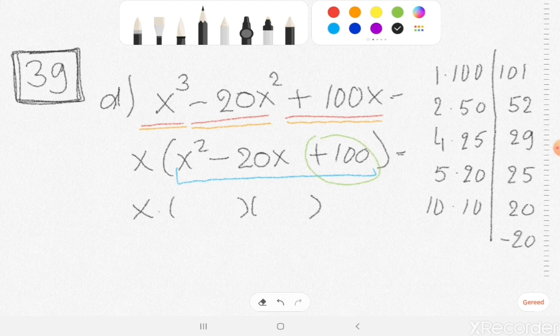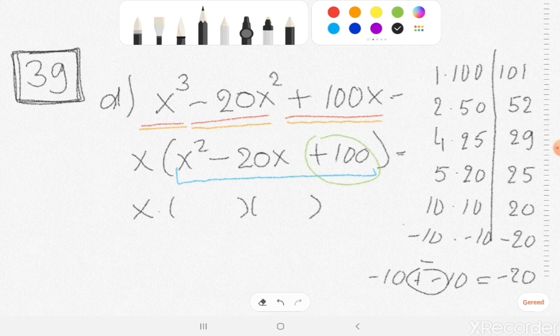So if I change the positive 10 into a minus 10, and the other positive 10 into a minus 10, because negative times negative is positive, and if I add those two numbers, minus 10 plus minus 10, that is minus 20.